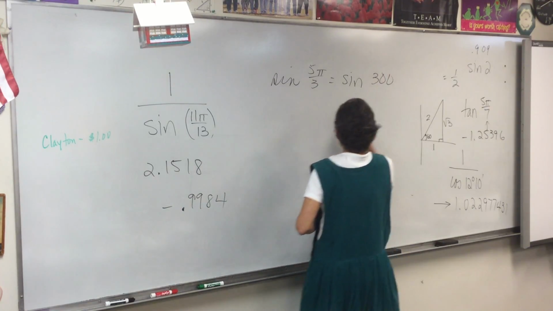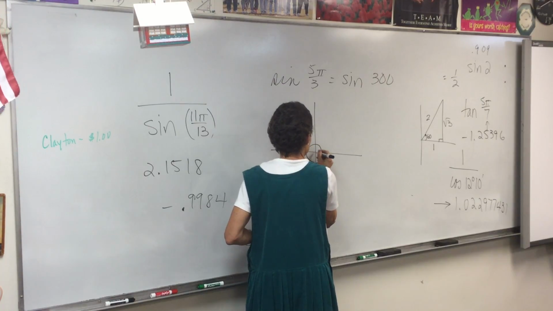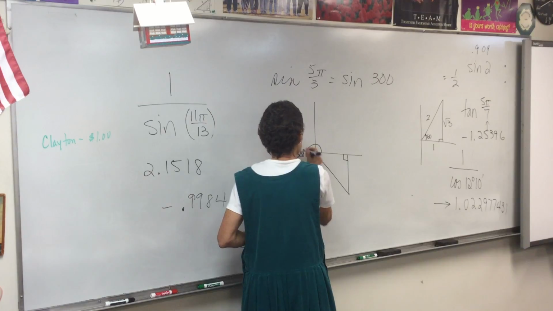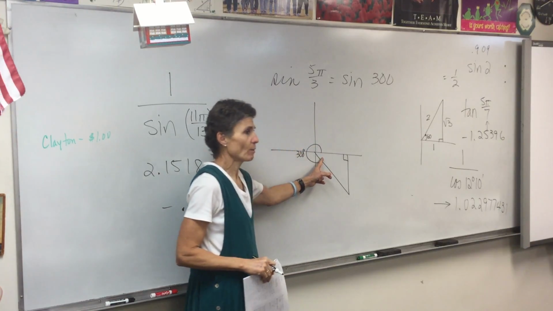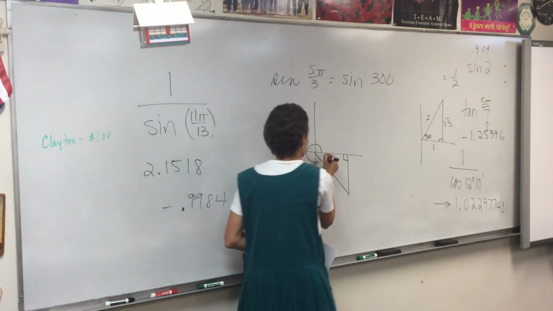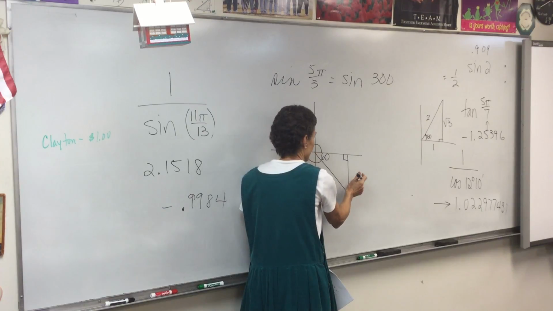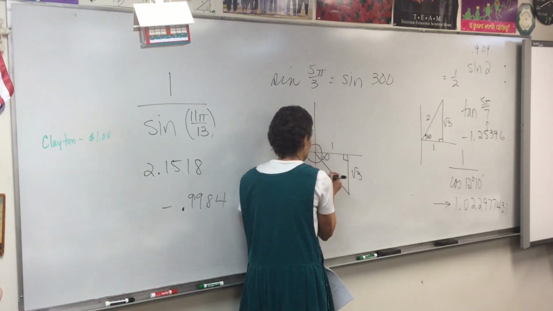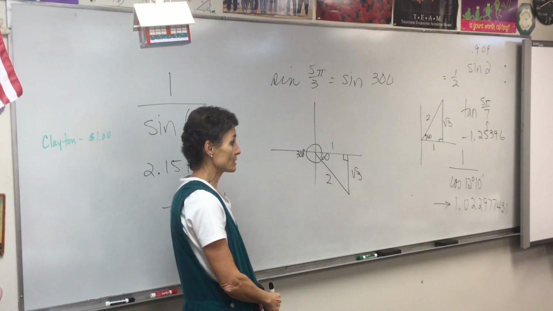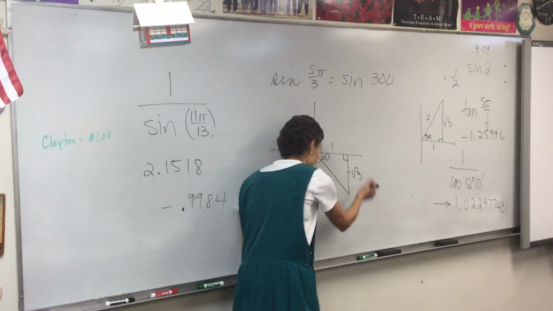So we're finding the sine of 300. So we just did this. This is 300. How big is my reference angle? 60. Which means this side over here is root 3. And then since I'm not in quadrant 1, I know something will be negative. The root 3 is negative.